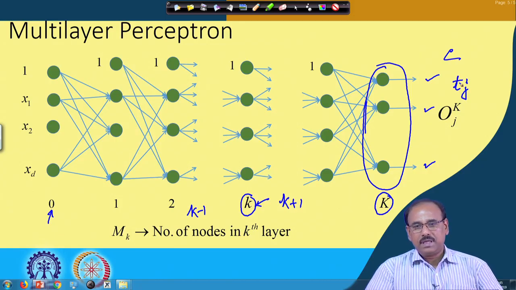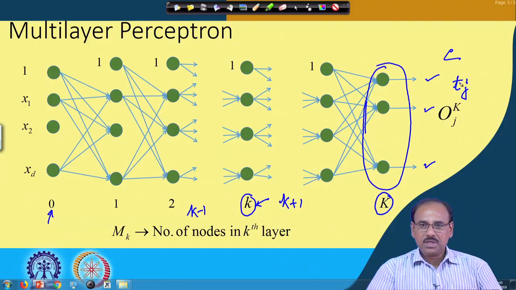The reason being, if I say that a training vector belongs to the jth class, I know that Tj should be high, or ideally Tj should be 1, and all other outputs except the output of the jth neuron in the output layer should be low, or ideally they should be 0. So, this is known, and as the expected output or the ground truth at the output layer is known, I can only compute the error function at the output layer. I cannot compute the error function in any of the other layers.